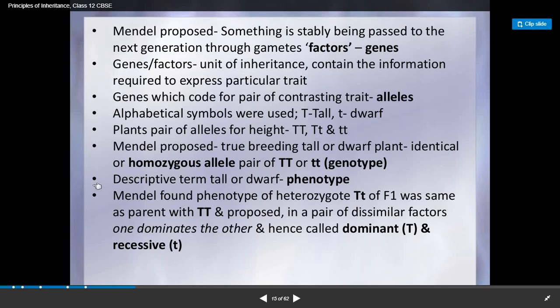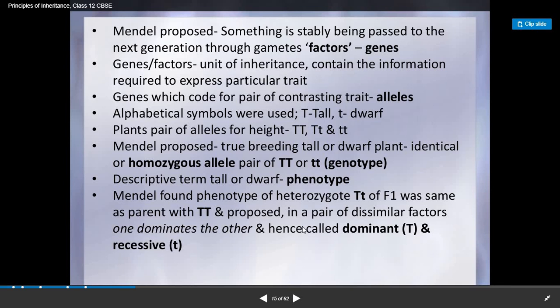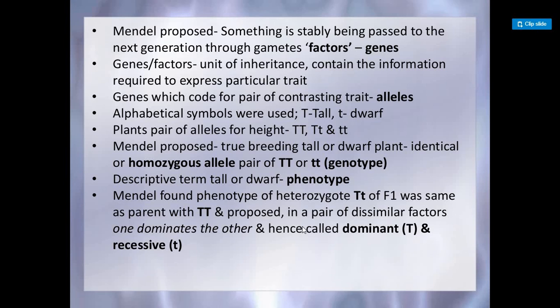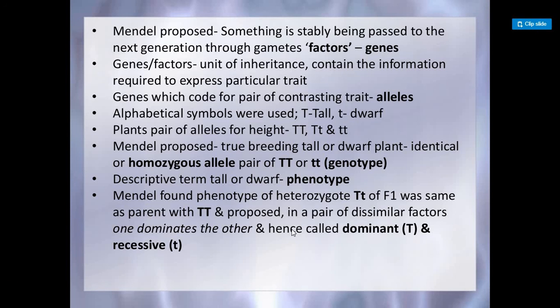Means after the monohybrid cross he proposed two statements: one thing is passing from the parental generation to the next, and out of the two characters one is more expressed. The character that is more expressed is known as dominant and the character that is least expressed is known as recessive. So I hope students this topic is clear to you, that is monohybrid cross, also known as inheritance of one gene.